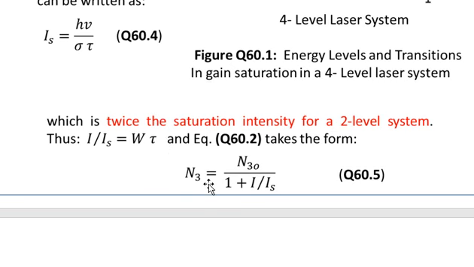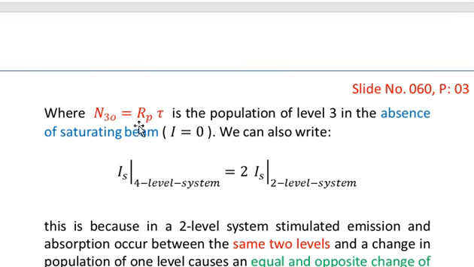So you can see that N3 is equal to N30 divided by 1 plus I over Is, as shown in equation number 5. What is N30? N30 is equal to Rp into tau, the population of level 3 in the absence of the saturating beam, I equal to 0.